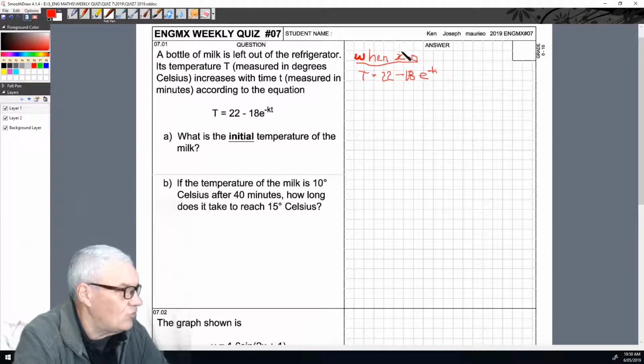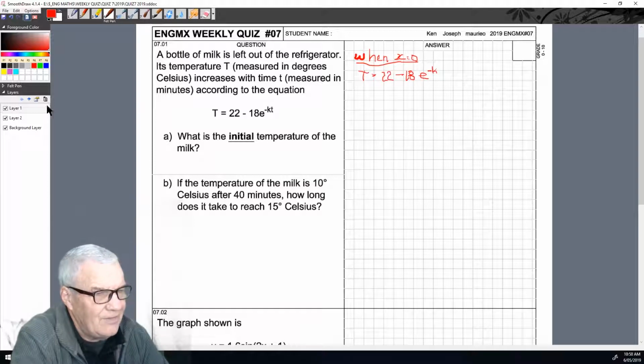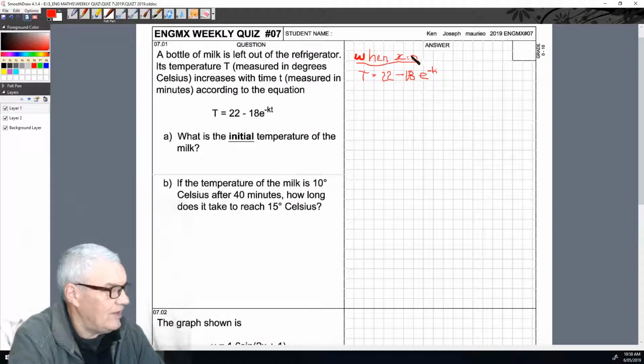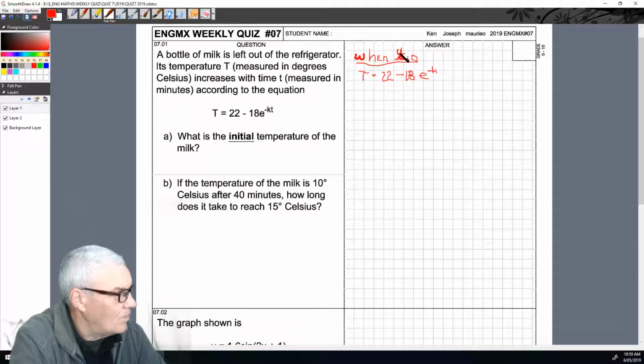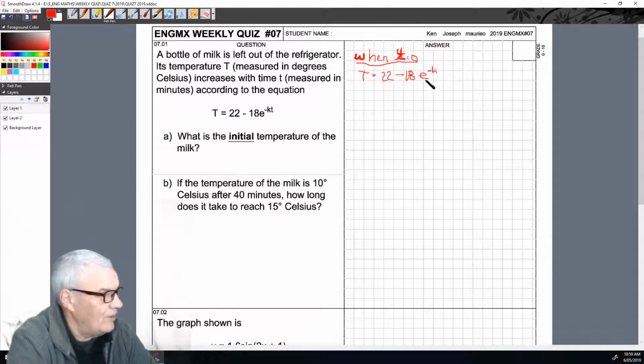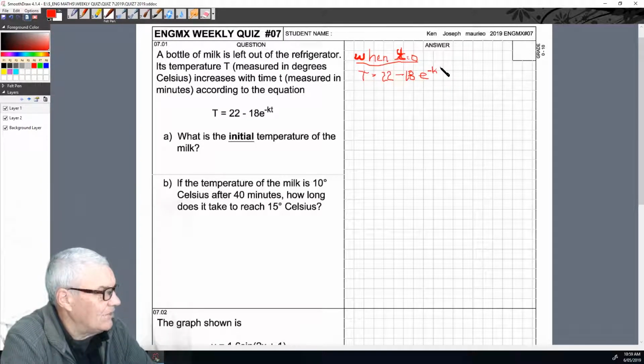Now that's not x equals 0, that's t. So it's when t equals 0, negative k times 0.